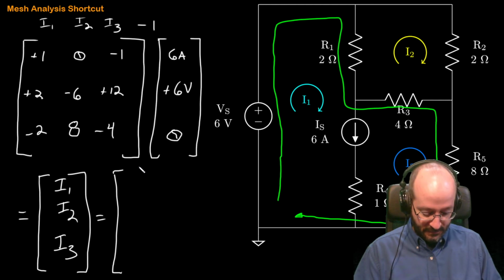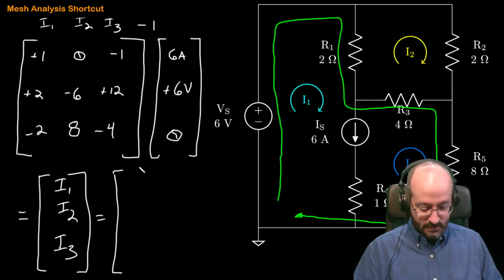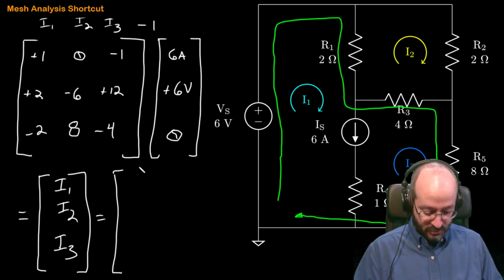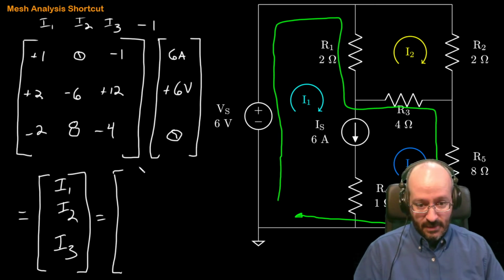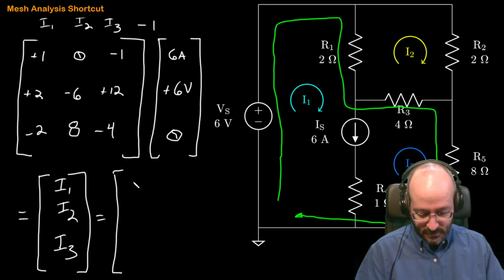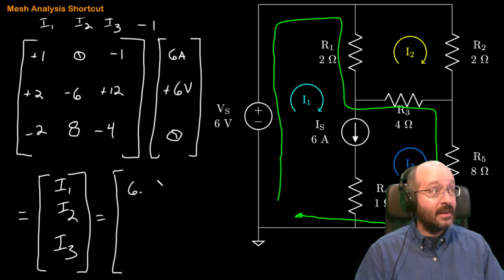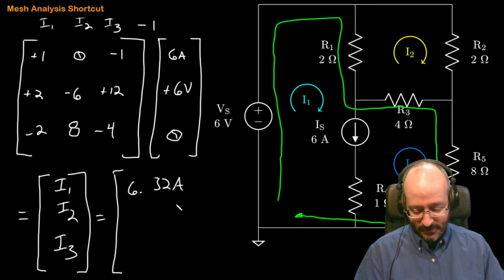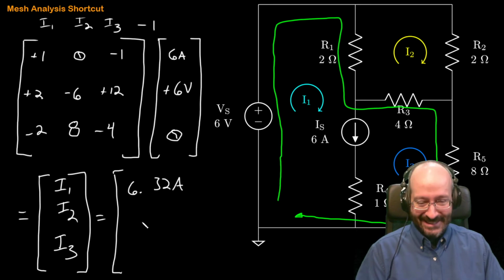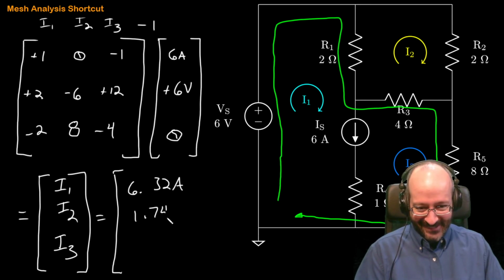Wow, fat finger in this one a lot. Negative 2, 8, negative 4, 0. And we end up with 6.32 amps. I'm just making sure I did my rounding equivalently. Yeah, 1.74 amps, they're matching so far.